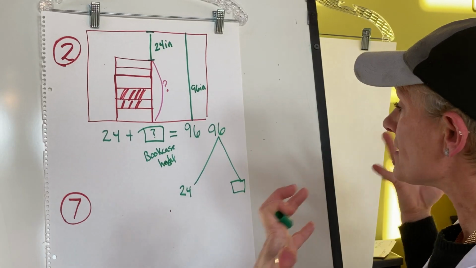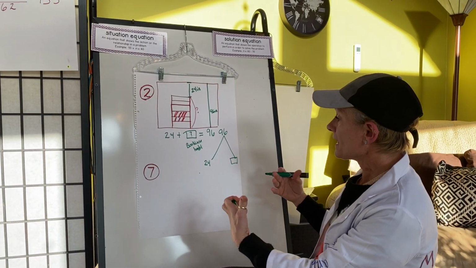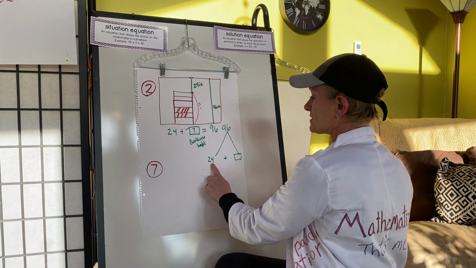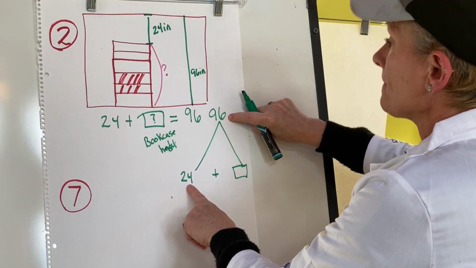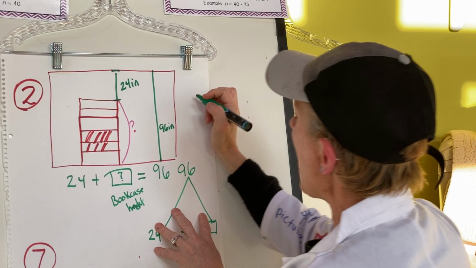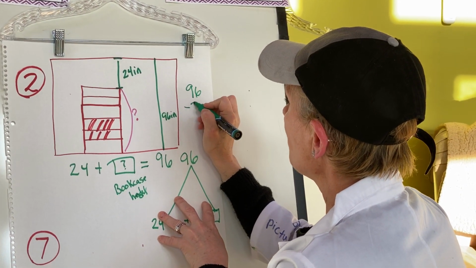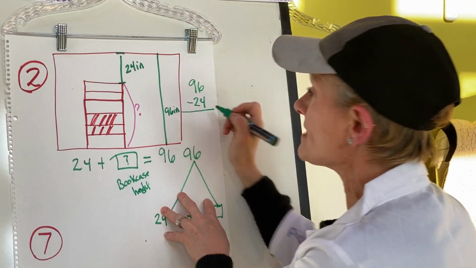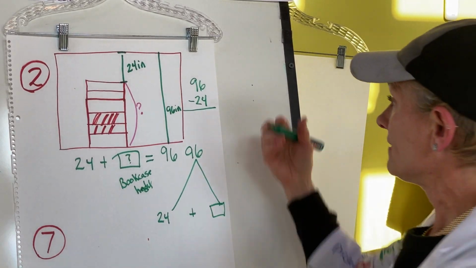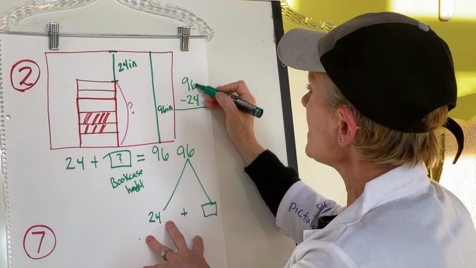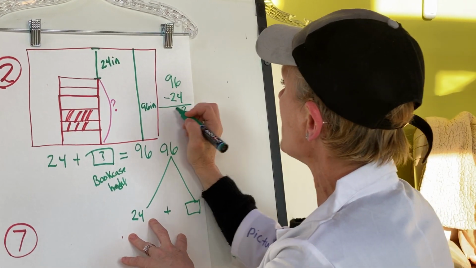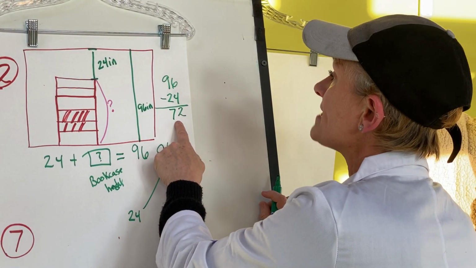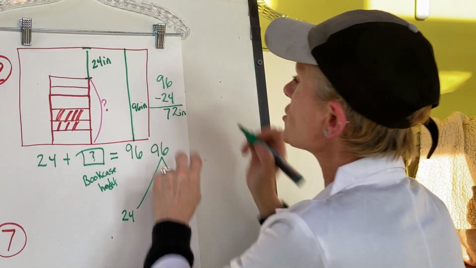I can solve this in different ways. I hope some of you know that you could add on to get to 96. I could also subtract 24 from 96 to see what's left. I'll do that one. 6 take away 4 is a 2. 9 tenths take away 2 tenths is 7 tenths. 72 inches.